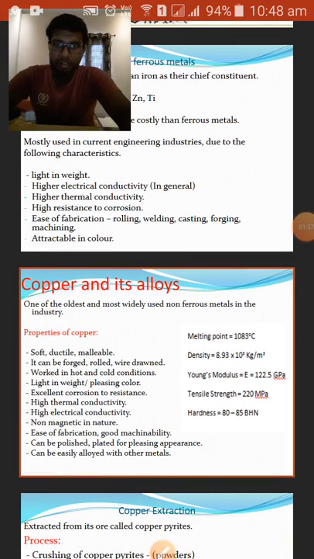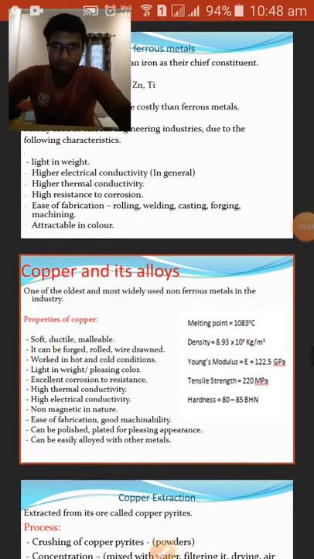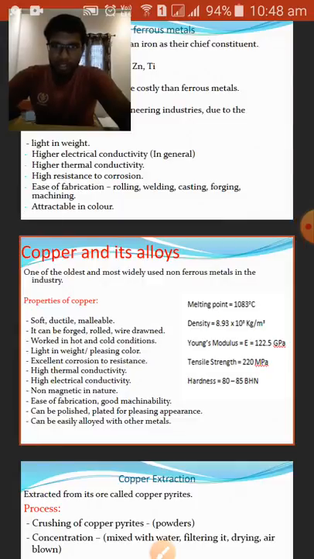So next we are going to see about copper. Copper is one of the oldest metals which mankind used in the olden days, nearly 10,000 or 5,000 years back.